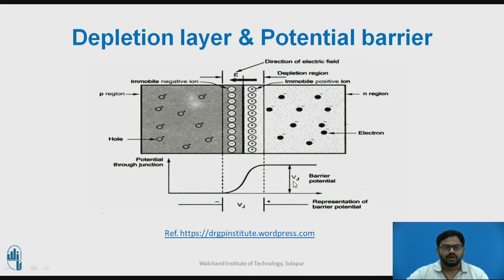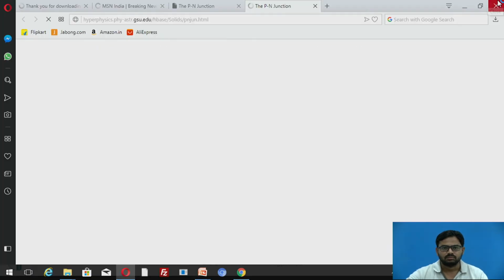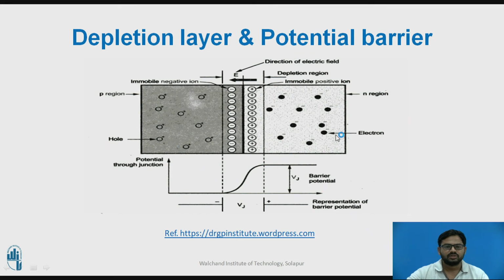Now, the depletion layer and the potential barrier. The depletion layer is the absence of mobile carriers at the center of this junction. These are the negatively charged immobile ions and the positively charged immobile ions, forming this depletion region, and it obstructs the further flow of electrons from the N side and holes from the P side.